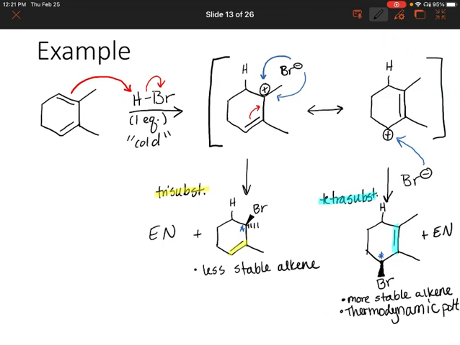And the other product is the one that would form faster since bromide is right nearby. So that would be the kinetic product.